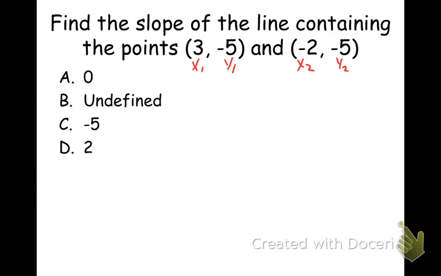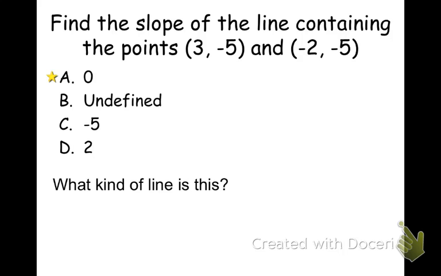Since our y's are the exact same value, when we plug in y2 minus y1 over x2 minus x1, you'll see we'll end up with 0 in our numerator, 0 over -5. 0 in the numerator will result in what final answer for the slope? 0 in the numerator divided by -5 is 0. Well, what kind of a line has a slope of 0? It's a special kind of line, horizontal lines.